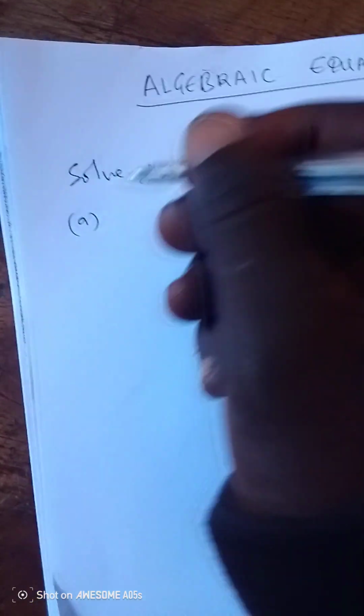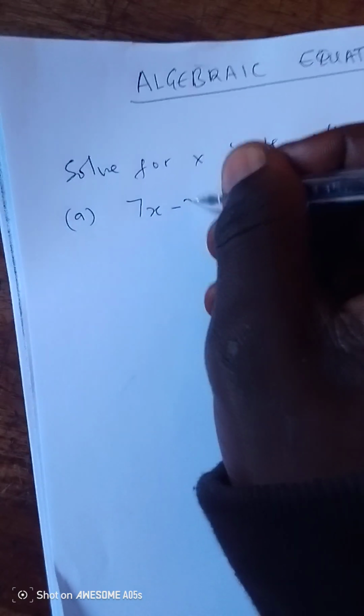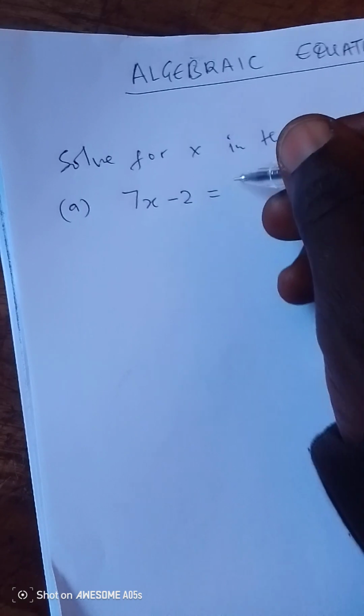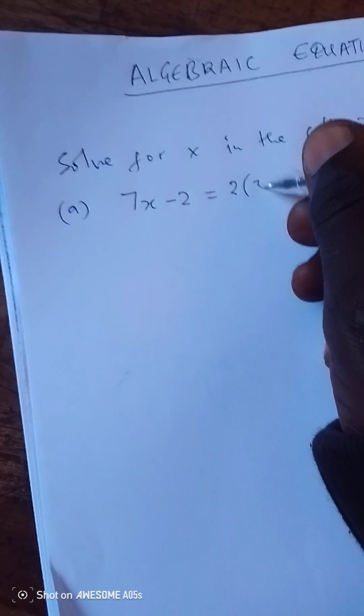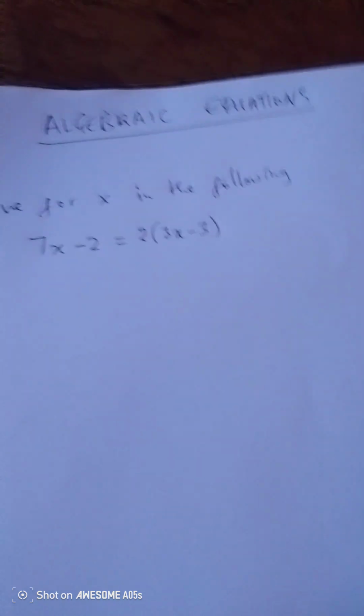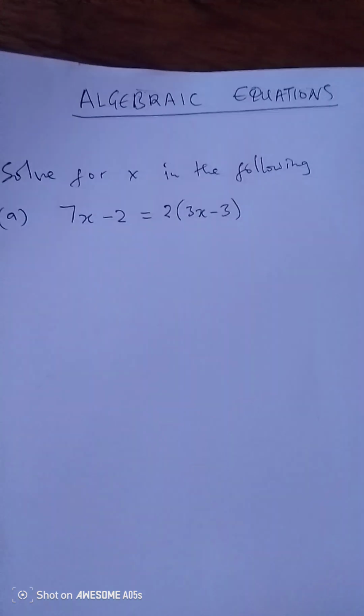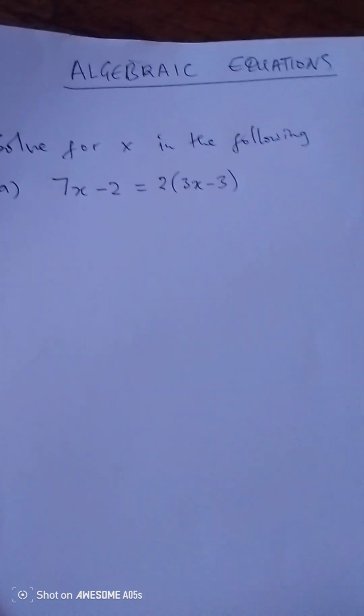Question number 1 says 7x minus 2 equals 2 open brackets 3x minus 3. So I'm required to solve for the value of x.